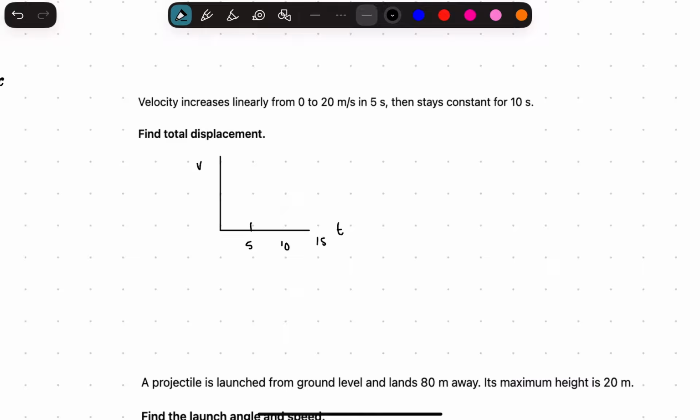So we know that it increases linearly in 5 seconds, and then it stays constant for 10 seconds. So we want to find the total displacement, and we know displacement is going to be equal to the area under the VT graph.